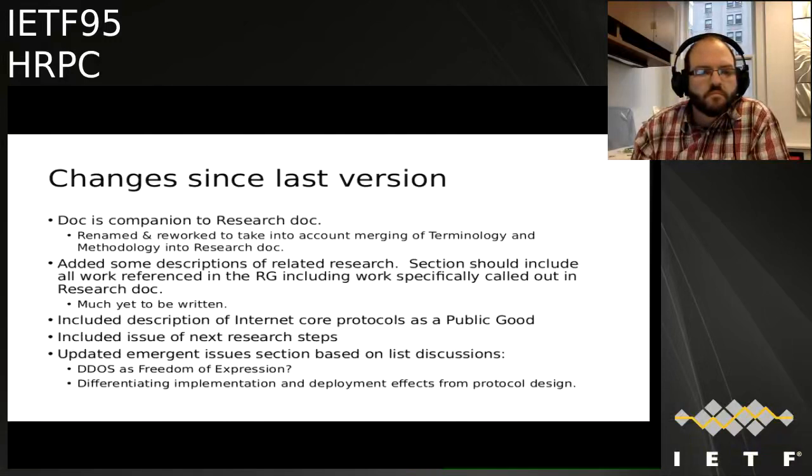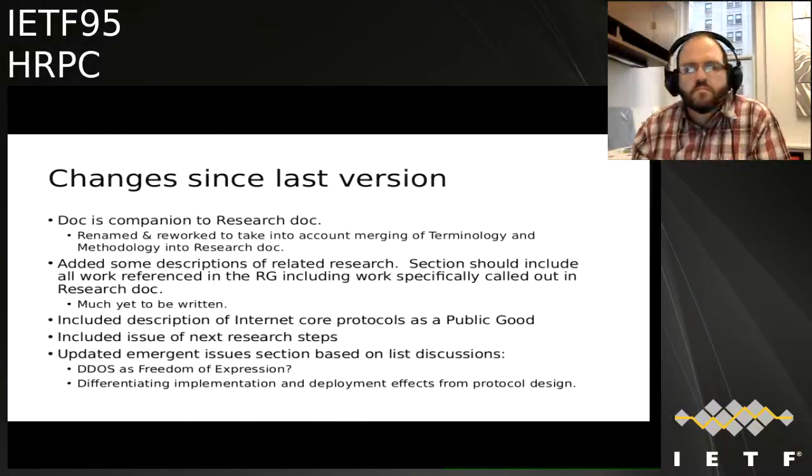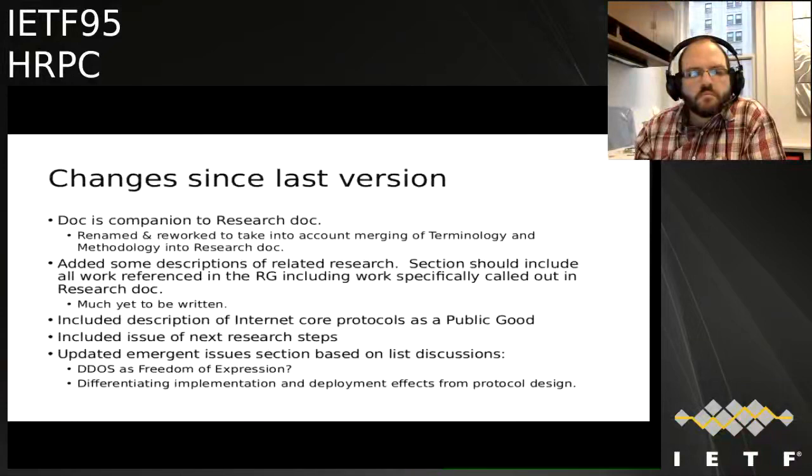And then I included a section on the emergent issues, and talked a little bit more about the DDoS and freedom of expression from a different aspect. One of the things that shows up a lot in these things is the differentiation between what is caused by the protocol itself, what is caused by accidents of implementation, the way it is implemented making a difference, and what parts of it are caused by use and misuse, and how do you start telling the difference between those?